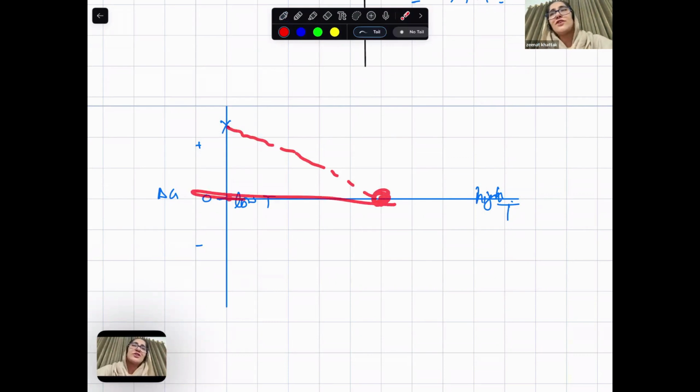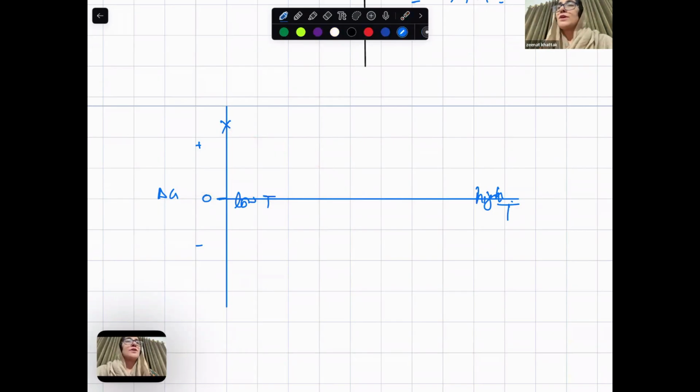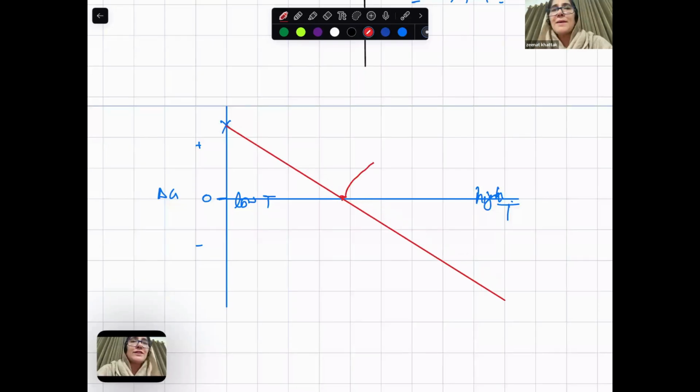The delta G zero. This is the equilibrium. This is the temperature at which delta G is zero, so this is the equilibrium temperature.